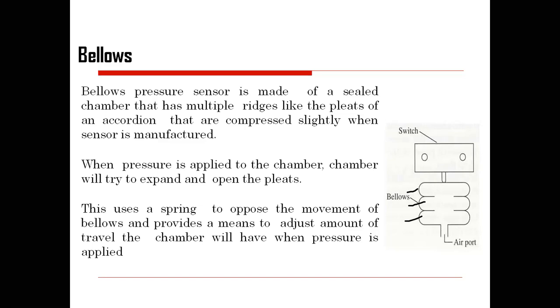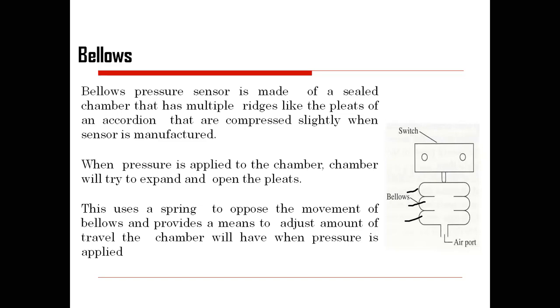So this structure is like a plate, and we generate the resultant output based upon the elongation. The pleats of an accordion are either compressed slightly when the sensor is manufactured, and when the pressure is applied to the chamber, the chamber will try to expand and open the pleats.